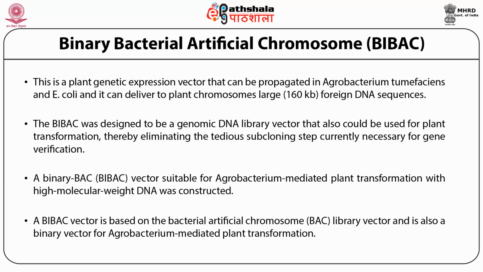The virulent helper plasmid was designed to be used in conjugation with binary bacterial artificial chromosome vector to enhance the transfer of high molecular weight DNA into the plants.